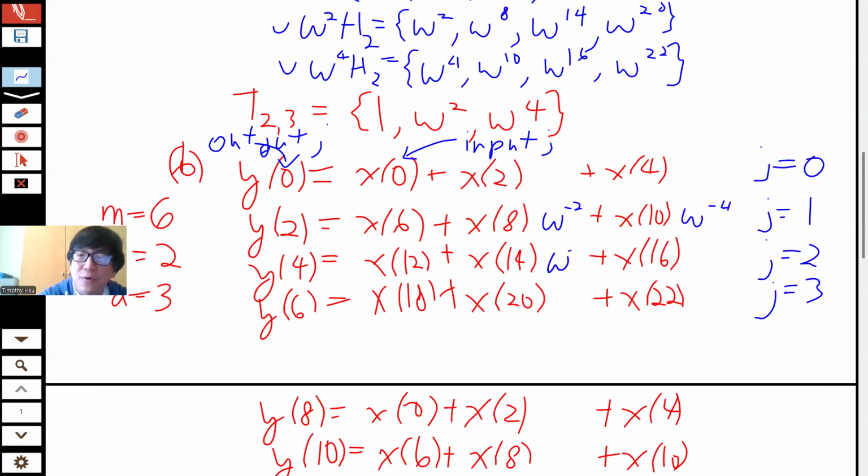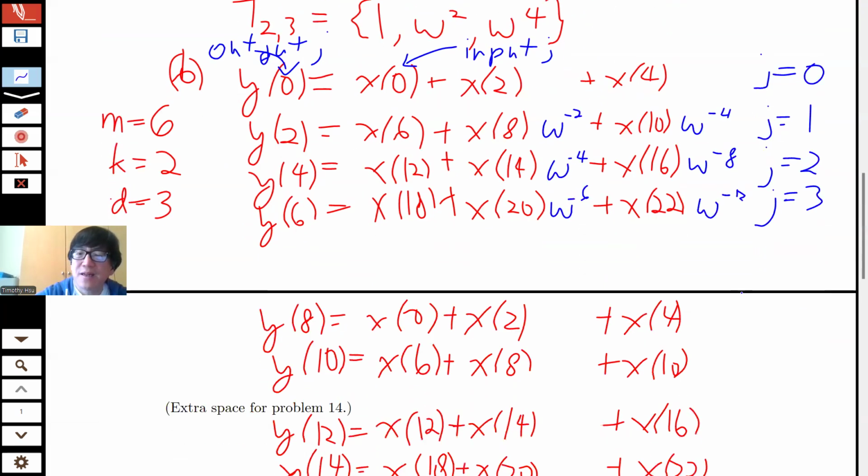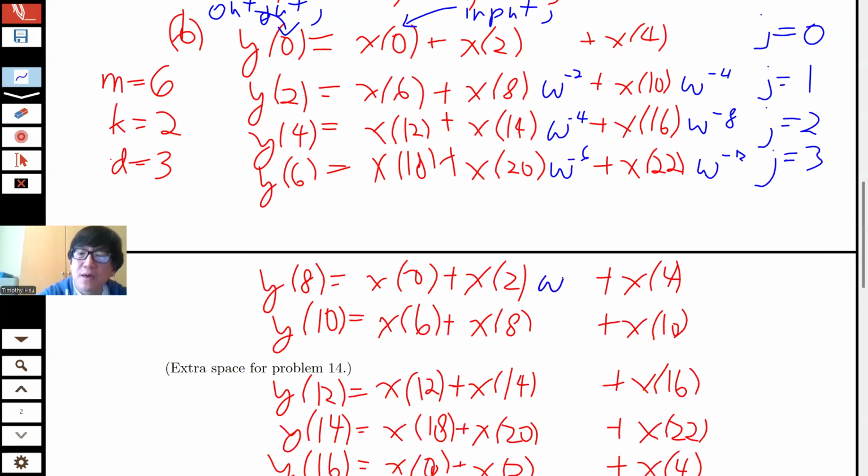So minus 4, omega to the minus 8, omega to the minus 6, omega to the minus 12. Haven't cycled around quite yet. Omega to the minus 8, omega to the minus 16, omega to the minus 10, omega to the minus 20.